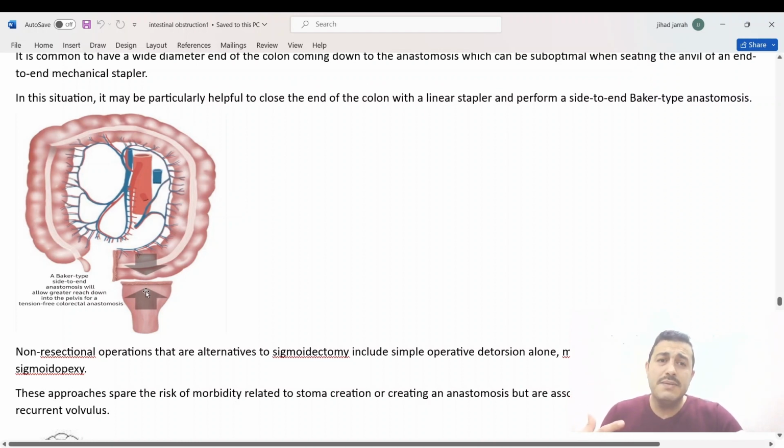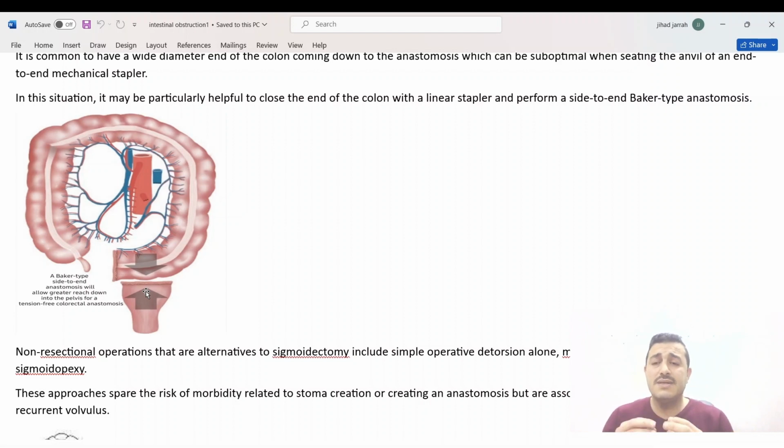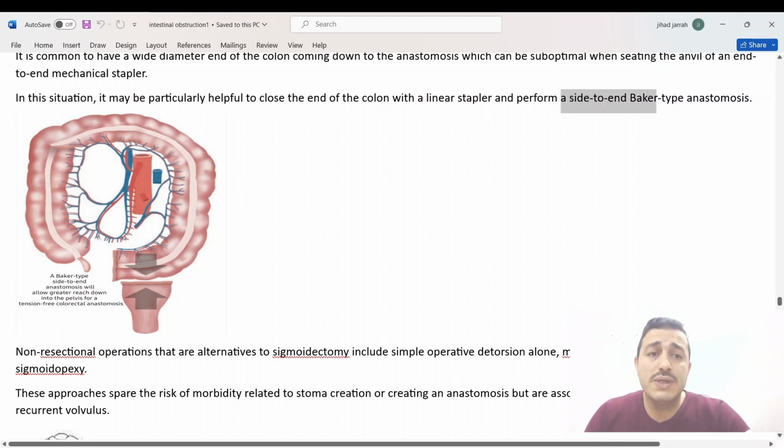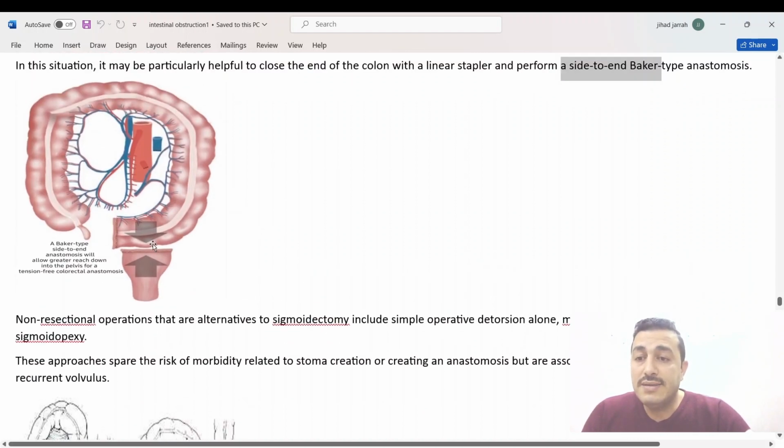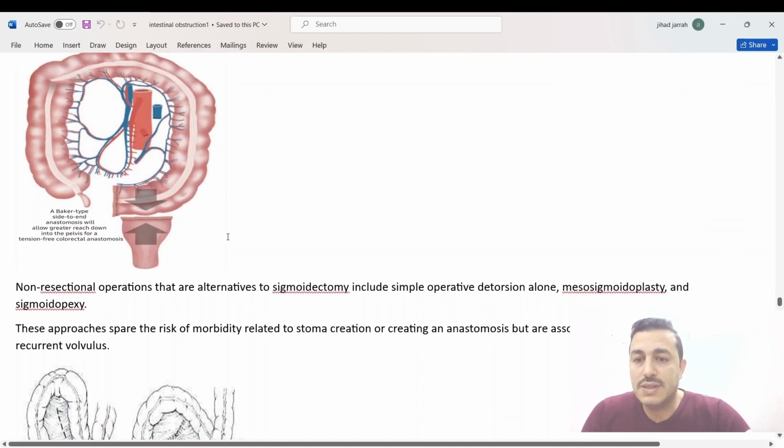If the segment is severely dilated, sometimes it's difficult to do end-to-end. The anastomosis will be extremely large, and technically it's not accessible. So what I want to say is that we can proceed to a side-to-end Baker type anastomosis. As you can see here, side-to-end when it's extremely dilated, called Baker type anastomosis.